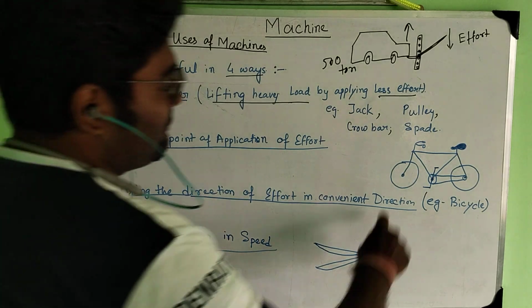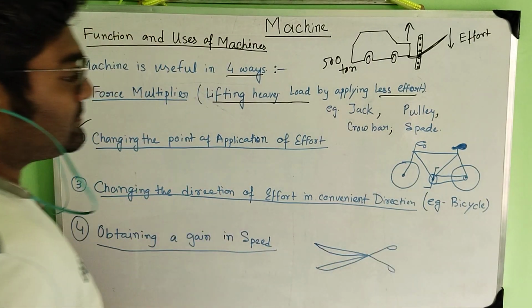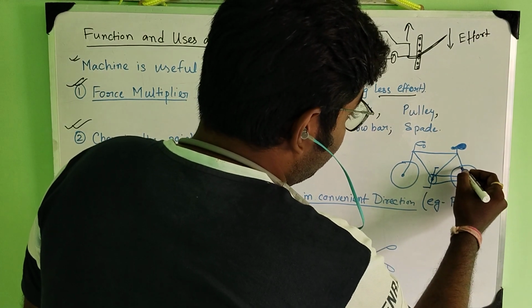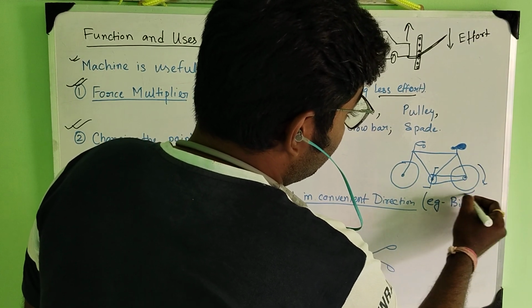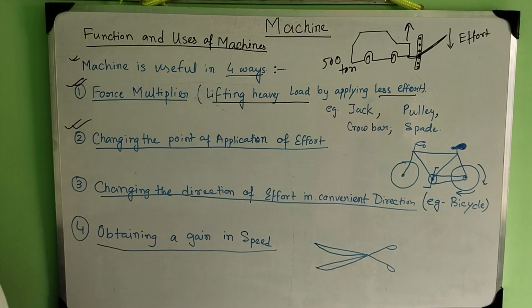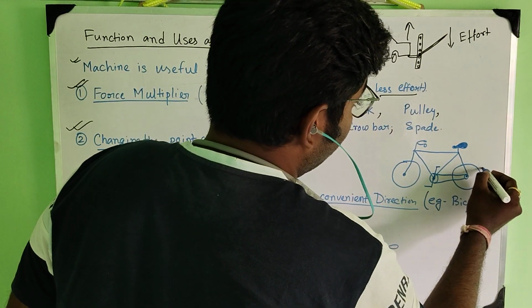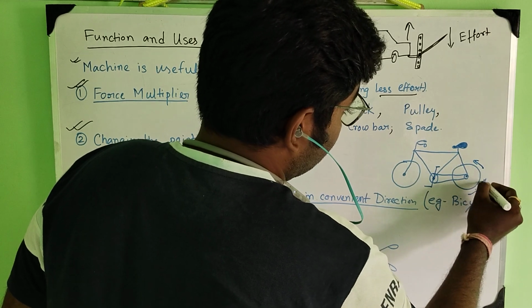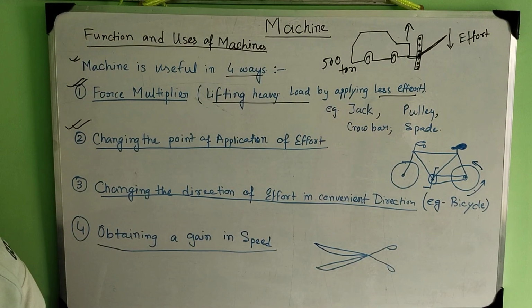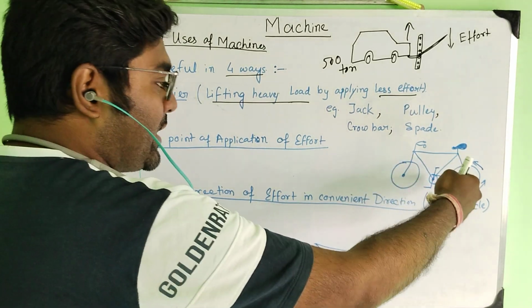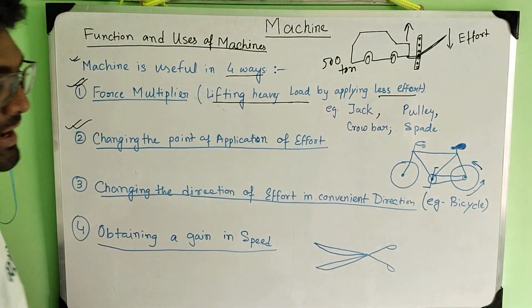Take the example of a bicycle. In the bicycle, we rotate the rear wheel, and the front wheel rotates due to this rear wheel, and the cycle moves forward.